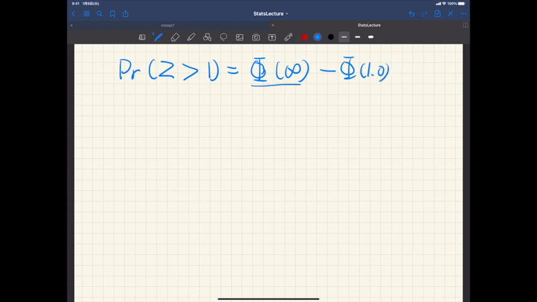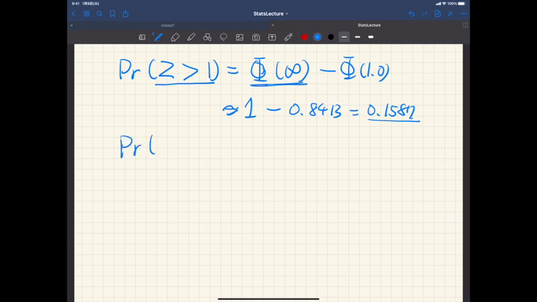And of course, phi of infinity is 1, and for this one you can look up the table and you will find 0.8413, which gives 0.1587. So that means with approximately 16% probability, the standard normal random variable takes a value greater than 1.